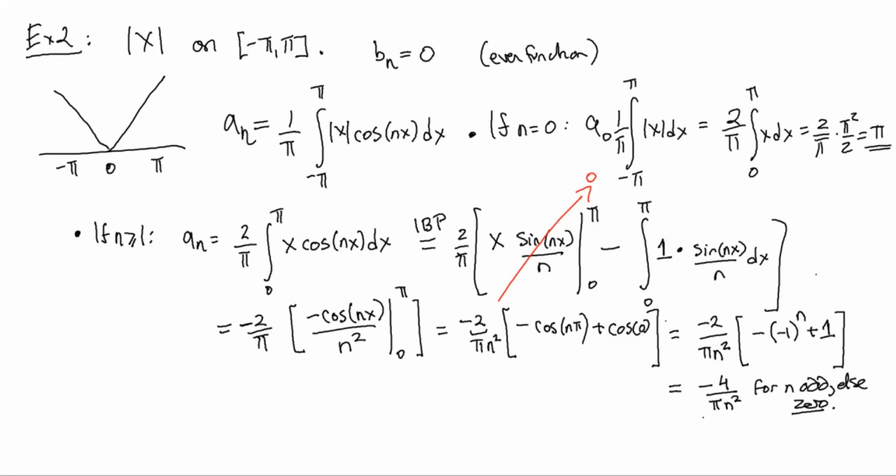Okay, so this happens a lot. Calculating Fourier coefficients, you need to do some integrals, often a little bit of integration by parts. So what's the conclusion?